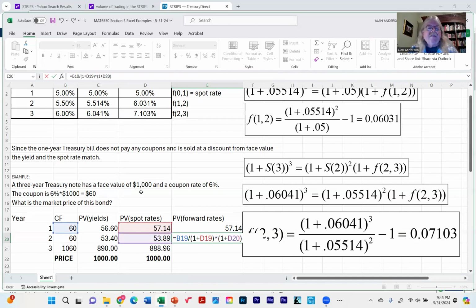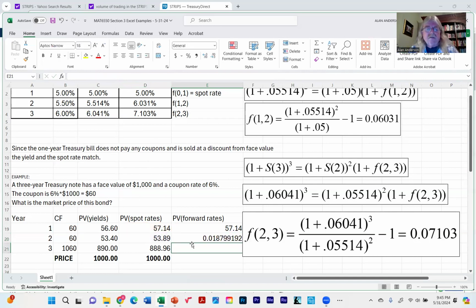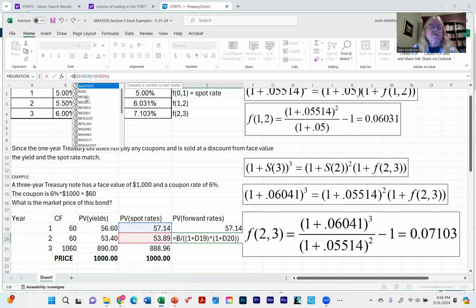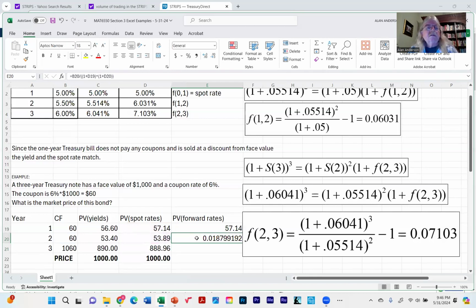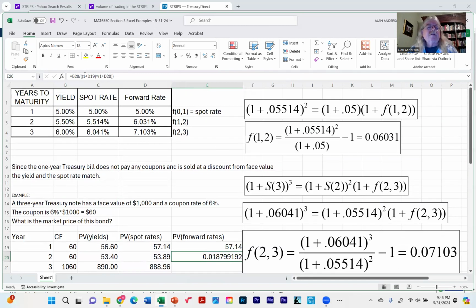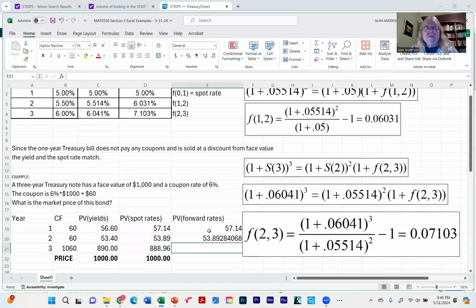We have to put all that in parentheses. Oh, I forgot to multiply it. No, this should have been B20. This is D, this should be D2 and D3. I don't know what I was doing there. That's much more like it.